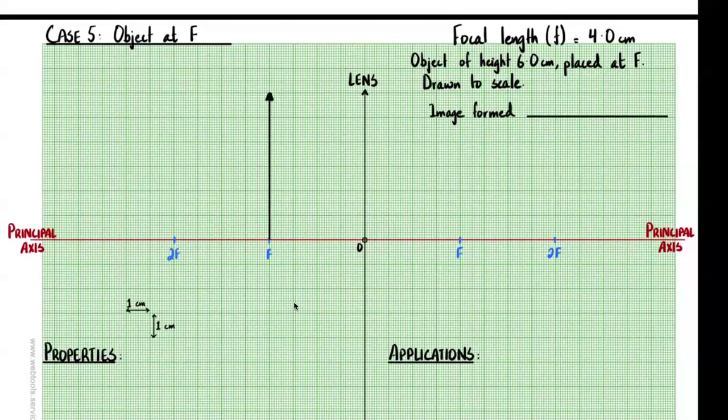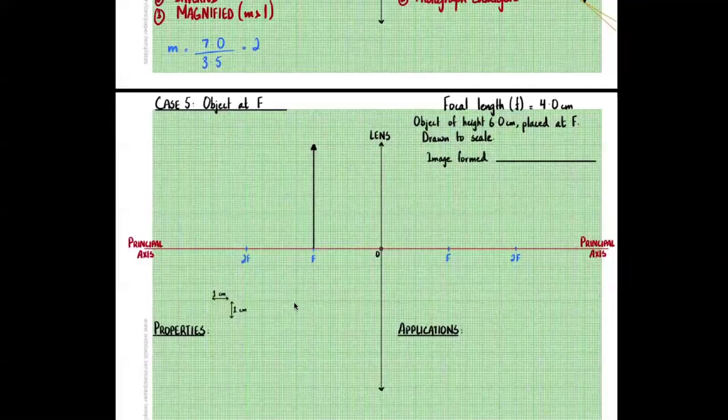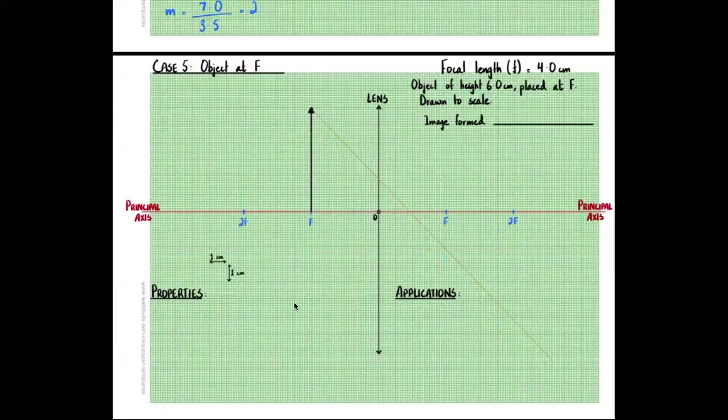And now I need to make the rays. So when I make the rays, what I'll see is this, that when I take this here, this is how this ray looks like, and then making this.